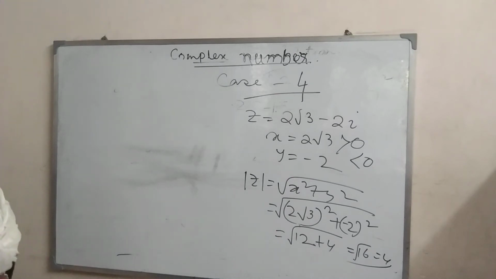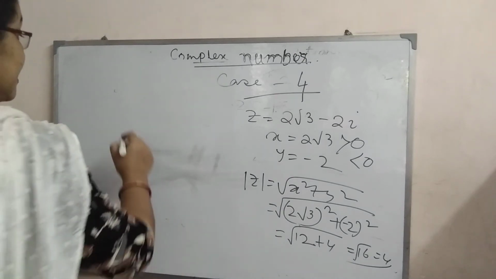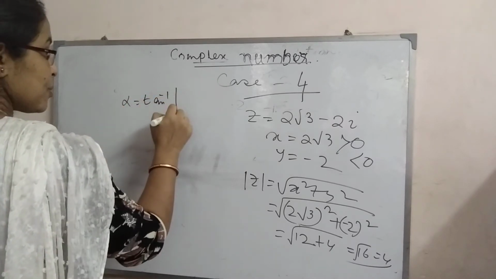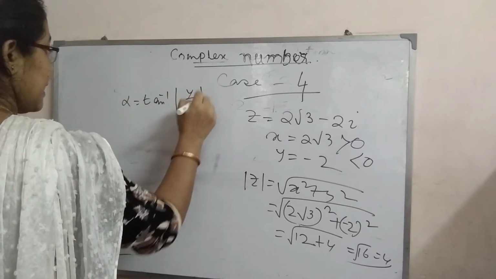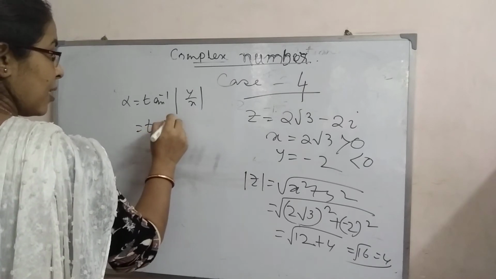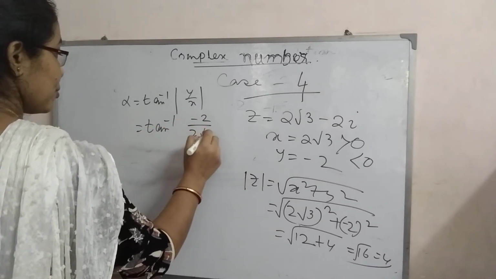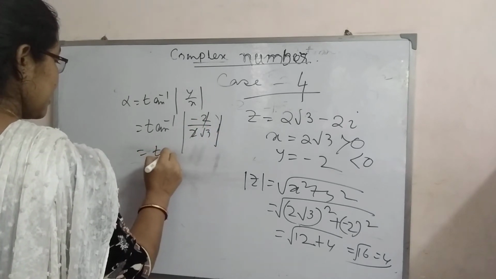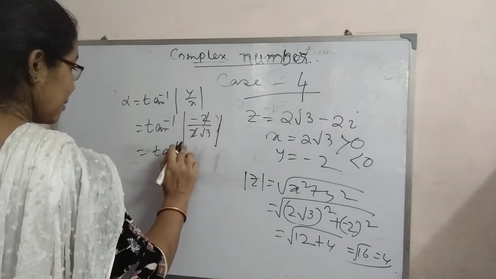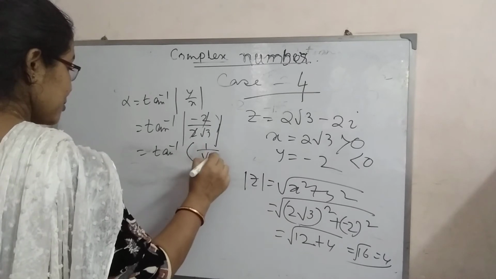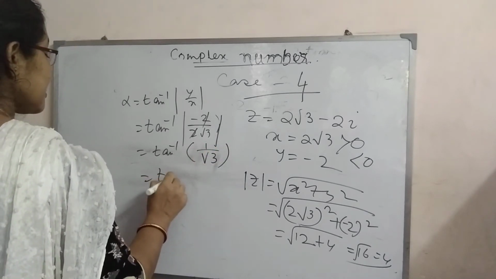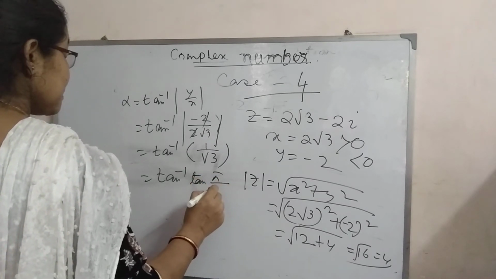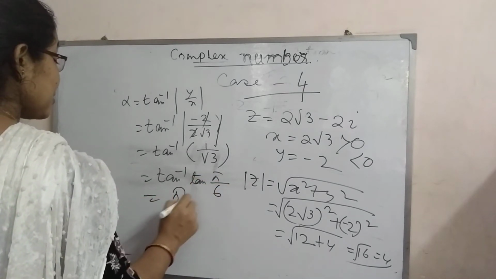Modulus z equals 4, and alpha equals tan inverse of mod y by x, that is tan inverse of 2 by 2 root 3, where 2 cancels out. I will take the absolute value, that is the positive value, so this is tan inverse tan pi by 6, which equals pi by 6.